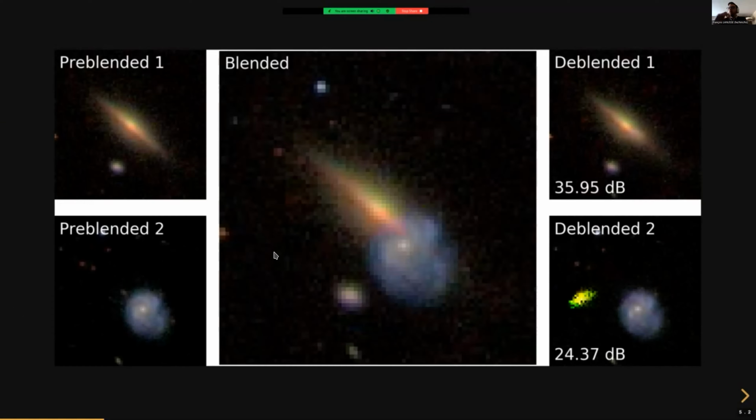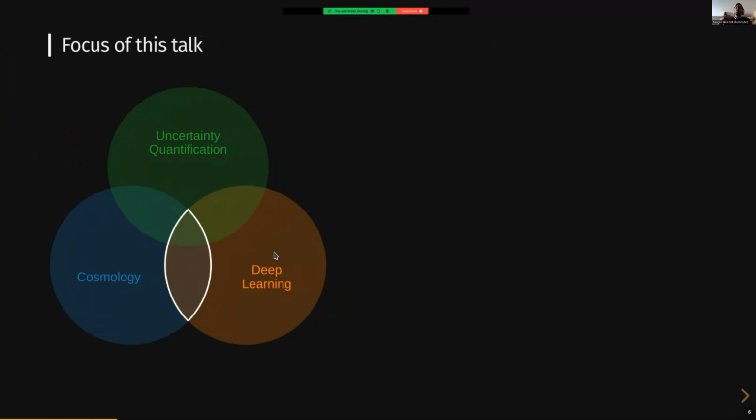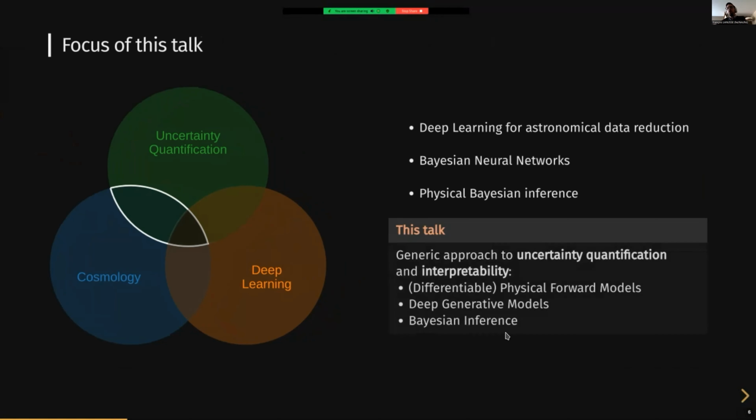All right, so what can we do about this? That brings me to the focus of my talk. The thing that we're going to try to do during this talk is to merge three concepts: bringing together deep learning models, uncertainty quantification in the form of Bayesian inference, and then physics and cosmology, in the form of using actual physical models when we want to analyze some data or do some tasks.